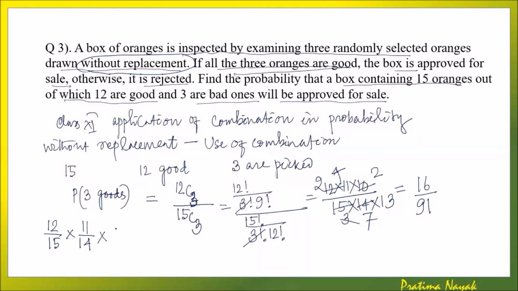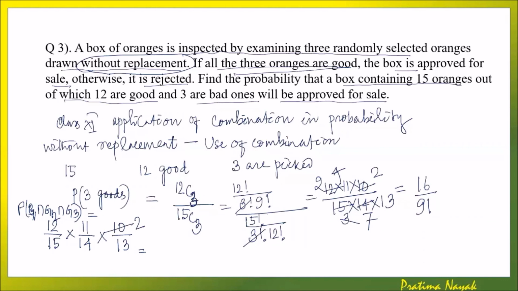The next will be your 10 by 13. So this will be probability of good 1 intersection good 2 intersection good 3. So this will be probability of good 1 into good 2 into good 3. So this will give you the same answer.